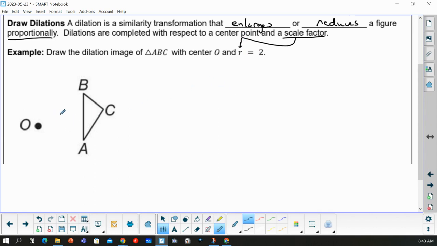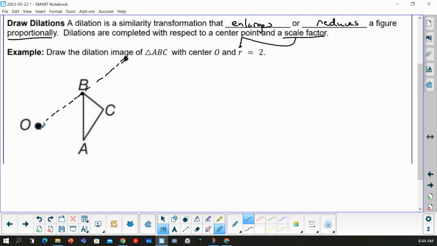So what you're going to do, and I'll see if I can even fit this in here, is say, okay, I'm going to measure, and you can use a ruler. Let me try that again. Use a ruler to measure from here to here. So whatever this distance is right here, we're going to double it. So it was this, now we're going to double it. So this distance again.